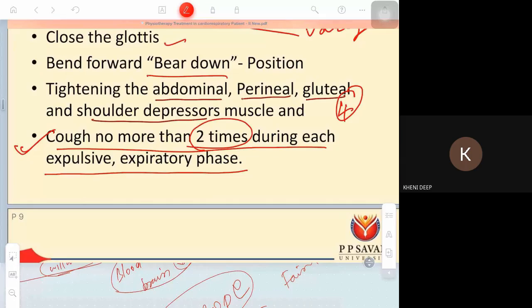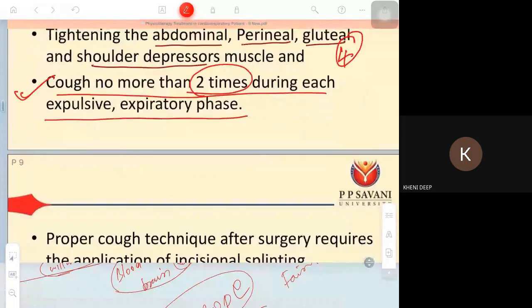But if the patient does this, he is deteriorating his condition more. Clear? So always instruct the patient to cough not more than 2 times.